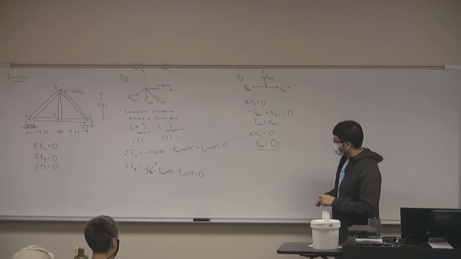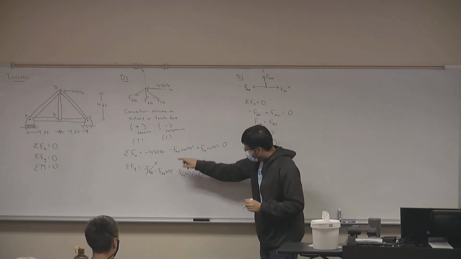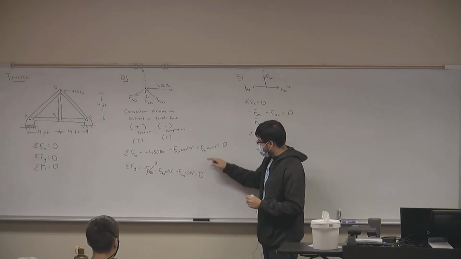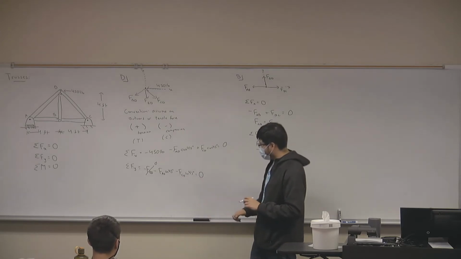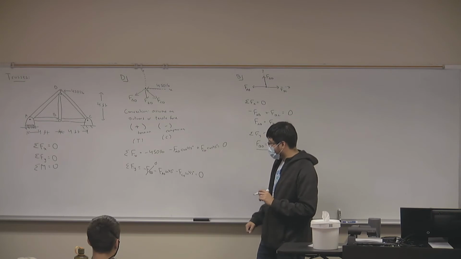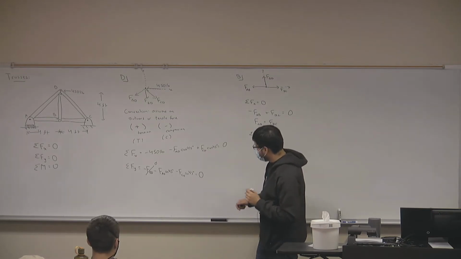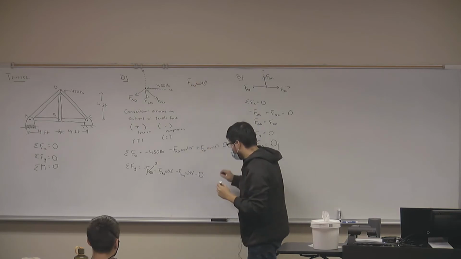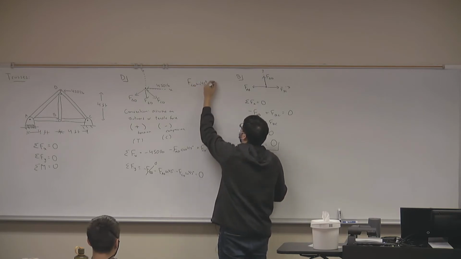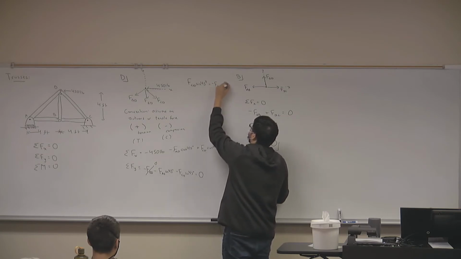So we get D. So unfortunately, this direction equals FAD, FAC. Okay, we can find some function there. And then we have FAD, FCD. I'm going to deal with this one. I would like to work with this F of y equation. Why? Because this F of y equation tells me that FCD sine 45 equals negative FAD sine 45.